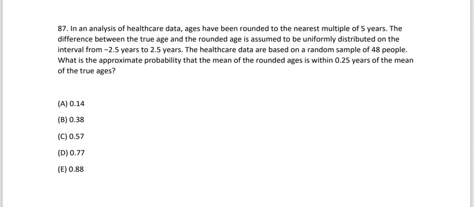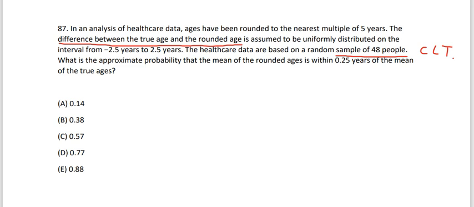For problem 87, we have a sample of 48 people. This is also maybe the central limit theorem. For each one, we're talking about the difference between true age and rounded age.